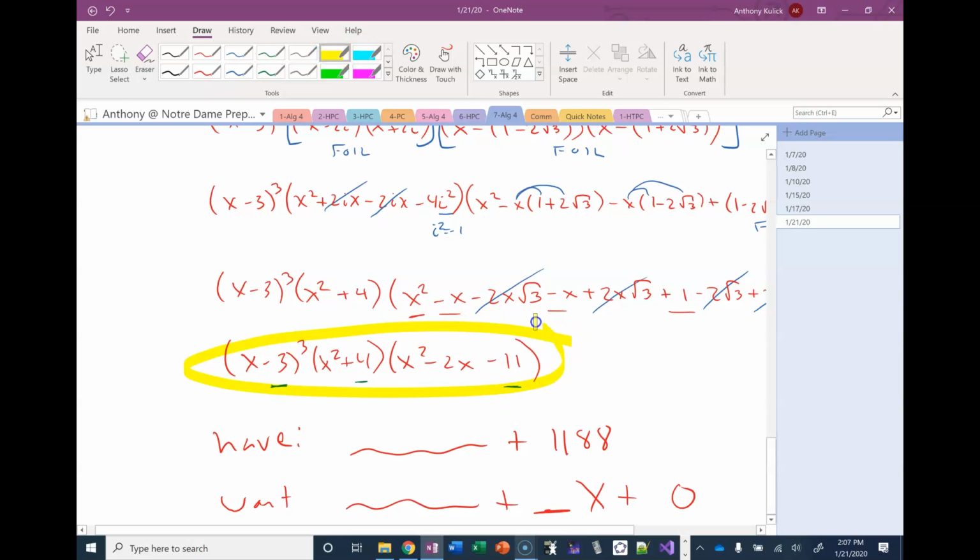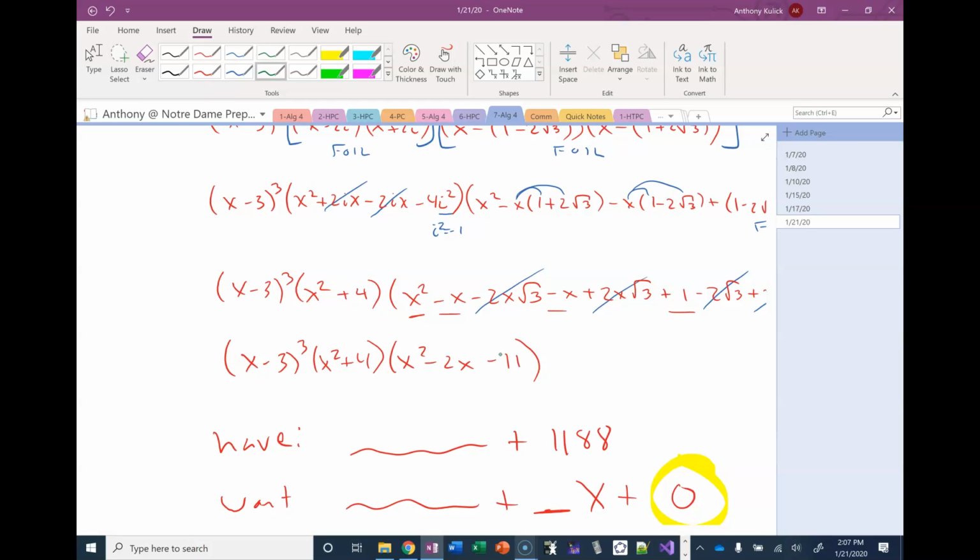So what can I do to this to make it look like that? Any ideas? It's not entirely clear, so any guesses are fine. We have something that looks like this. We want it to look like that. What can we do?